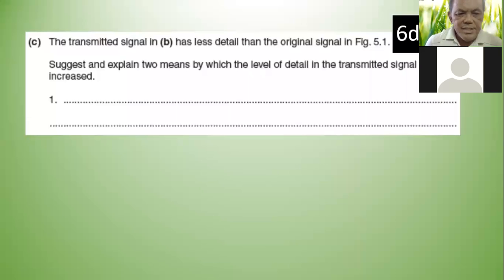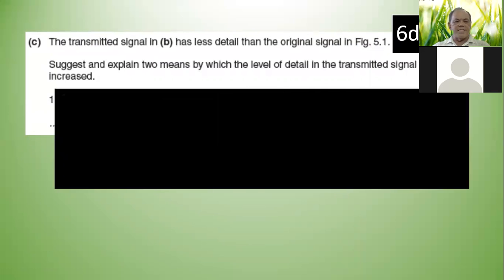The transmitted signal in B has less detail than the analog signal in figure 5.1. Suggest and explain two means by which the level of detail in the transmitted signal could be increased. Just remember what we have just done.